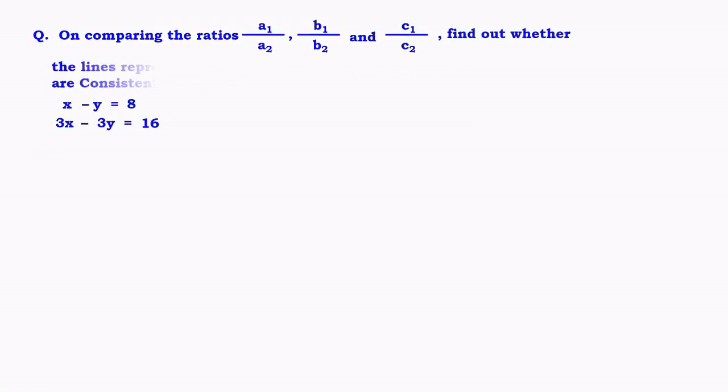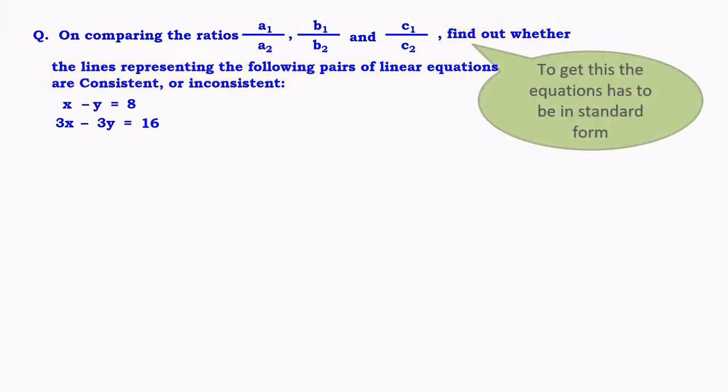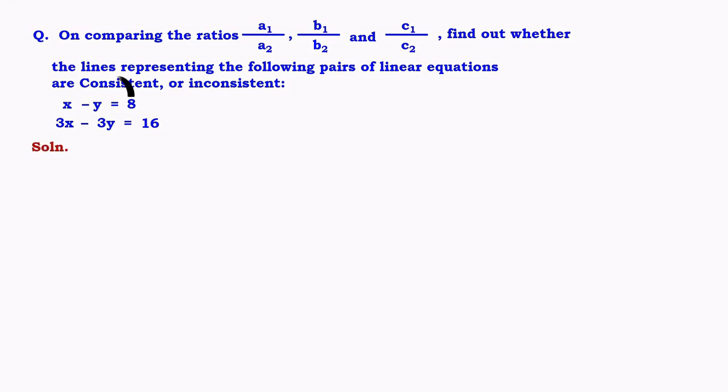Let us now solve this example. We are given two equations, x - y = 8 and 3x - 3y = 16. First, convert both equations into standard form, ax + by + c = 0.